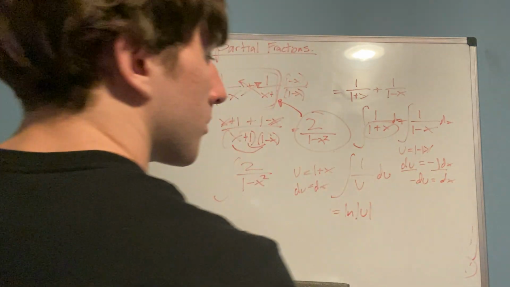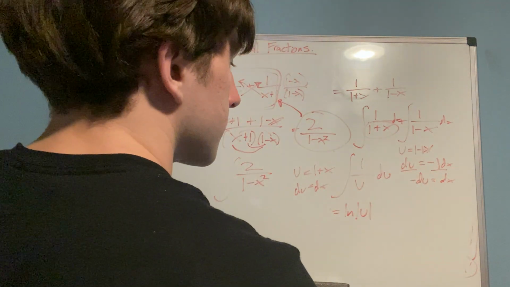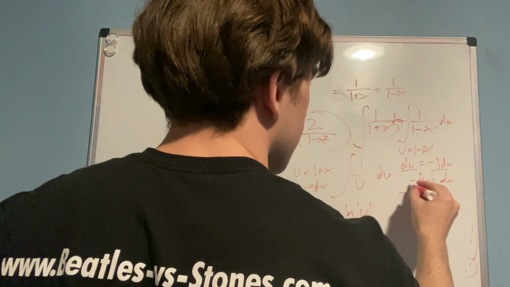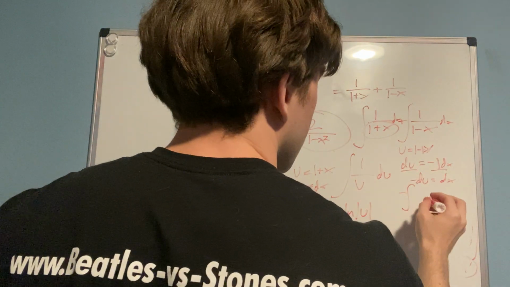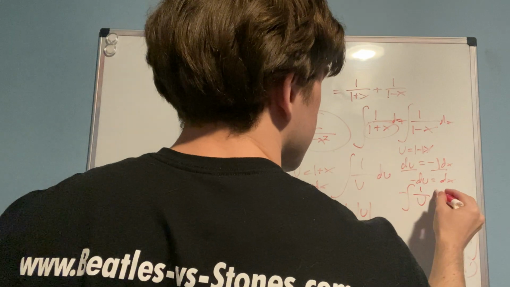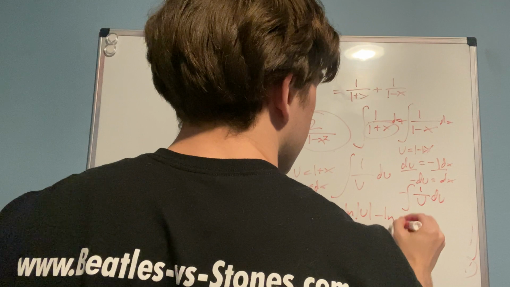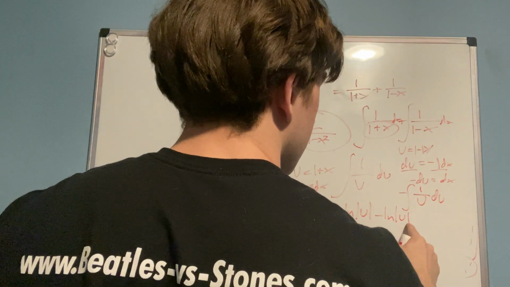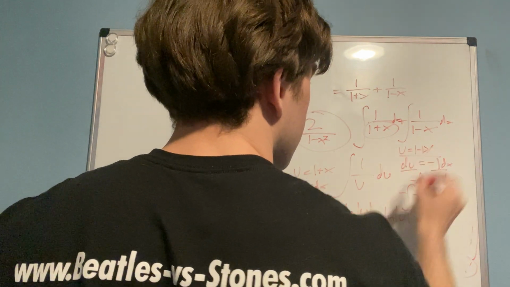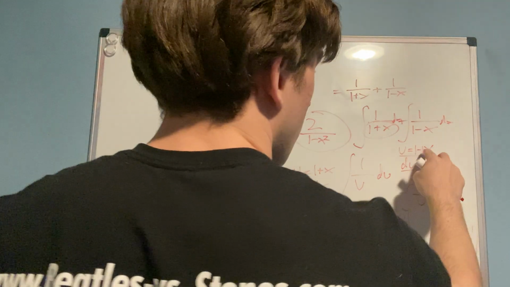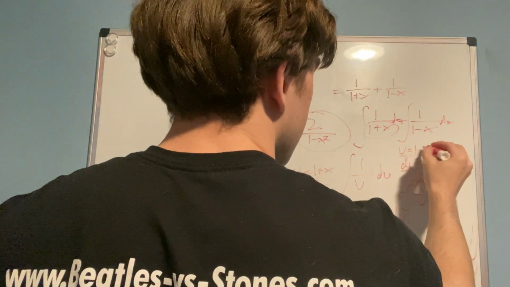All right, and that'll be minus du equals dx. So you just put the minus sign for that integral. So you'd have a minus integral of 1 over u du, and then that would just become minus ln of u for this one, where u equals 1 minus x.